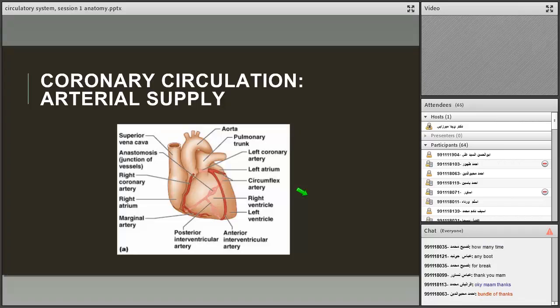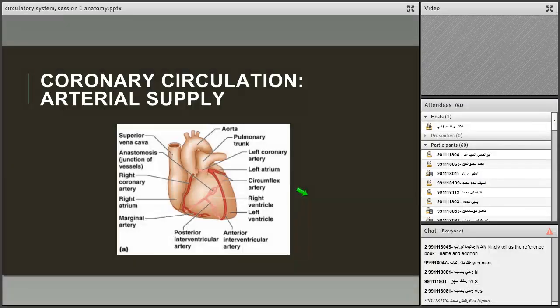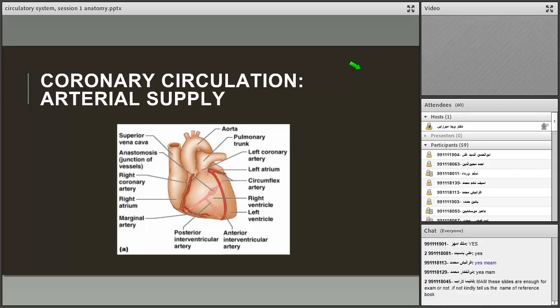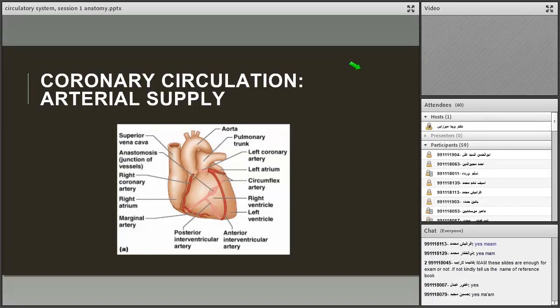The next part that we are going to talk about is the coronary circulation. What's the question? Yes, I said at the beginning of the class that the slides are enough for the exam: the slides and my explanation about each slide.